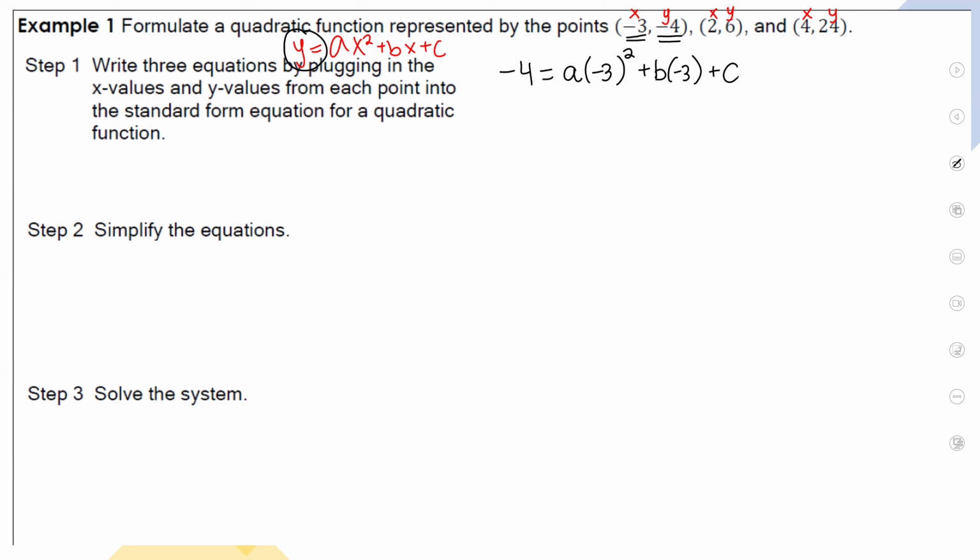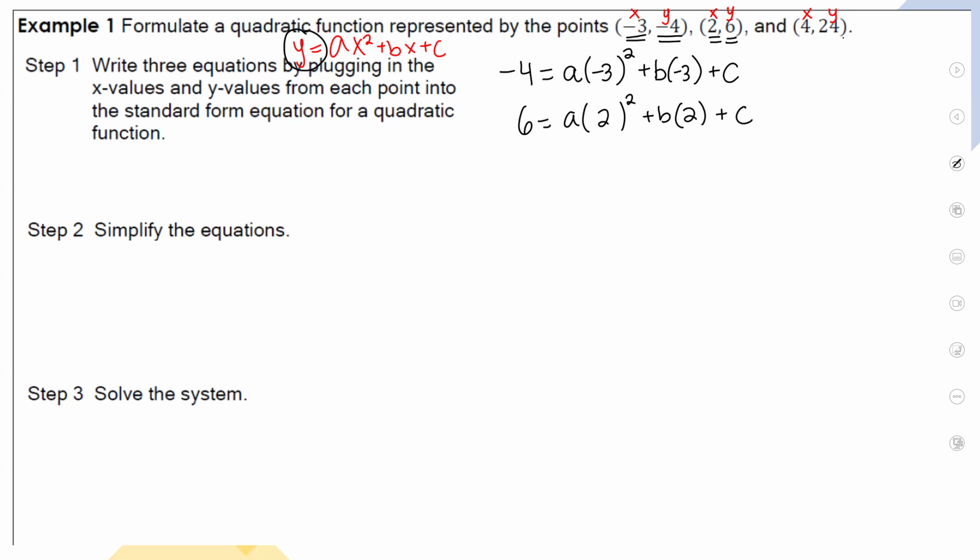So for the second point, this is the y value. So I'm going to put 6 equals a. This is the standard form. I'm going to plug in a 2 for all of those x values. The same way for the last point.